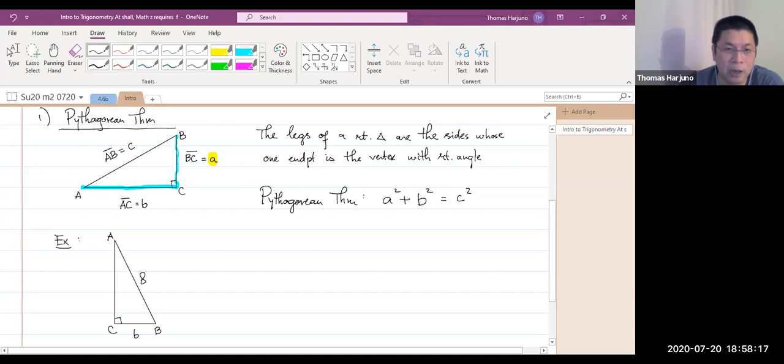Then find the other leg. The name of the other leg here is B. Find the length of the other leg, B.